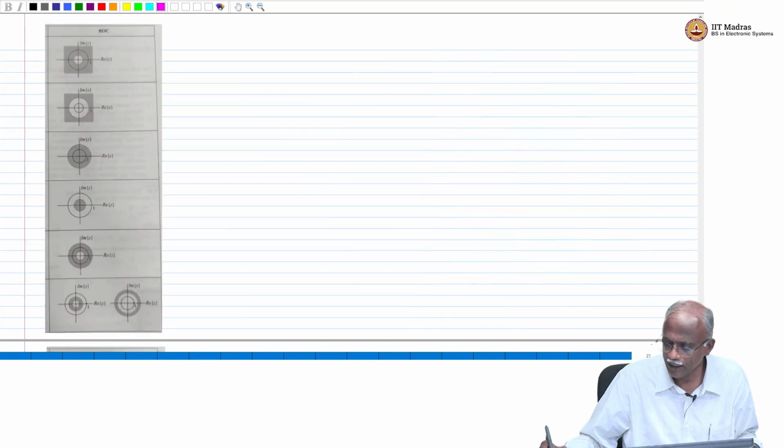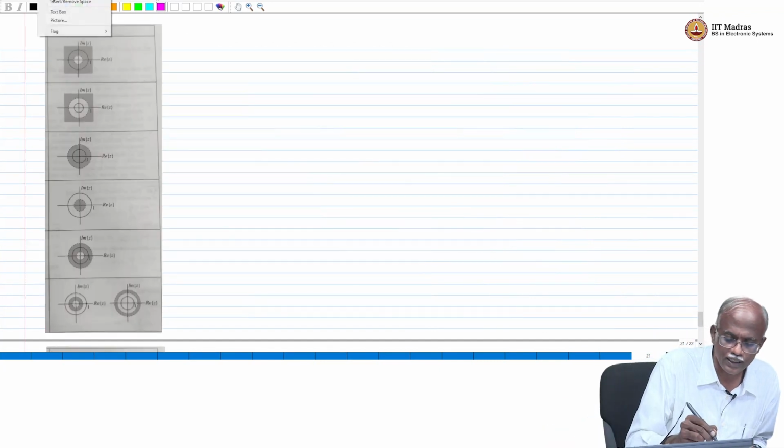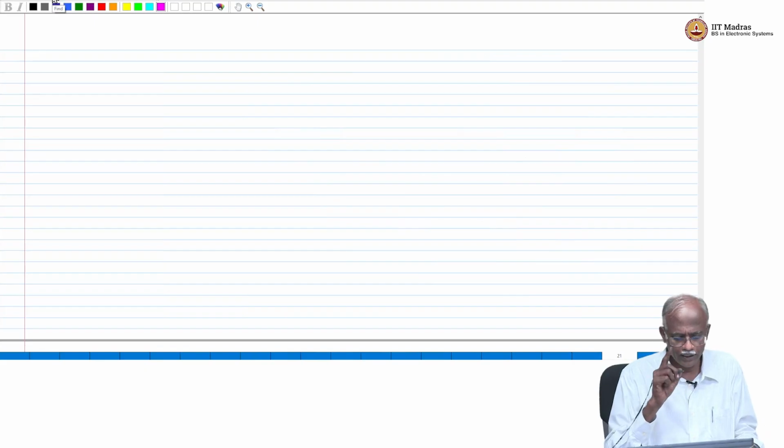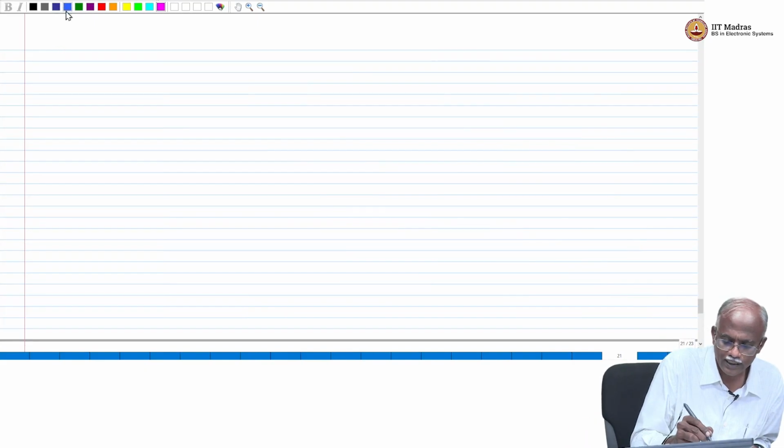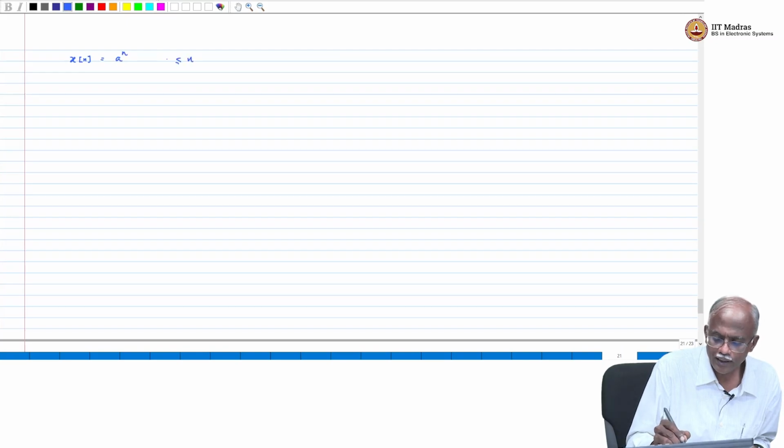Okay, another place where we used the property of linearity was the last example that we looked at just now. x of n is equal to a power n, n greater than or equal to 0, less than or equal to N minus 1, equal to 0 otherwise.